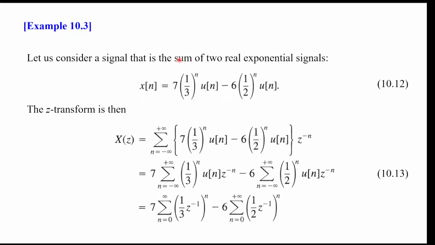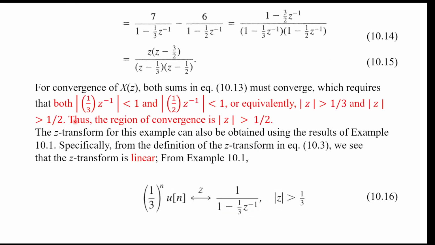As we said, we want both of these to be convergent. So we want the absolute value of 1/3 z to the minus 1 to be less than 1, and the absolute value of 1/2 z to the minus 1 to be less than 1. So the absolute value of z needs to be greater than 1/3 and 1/2. Together, we should pick the strictest condition, so the ROC will be z greater than 1/2.